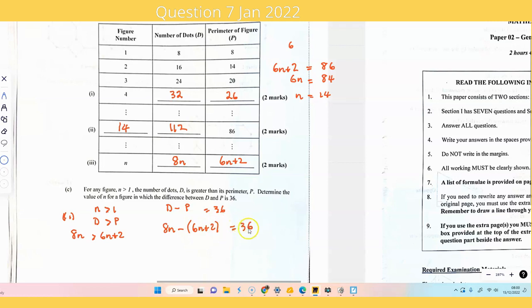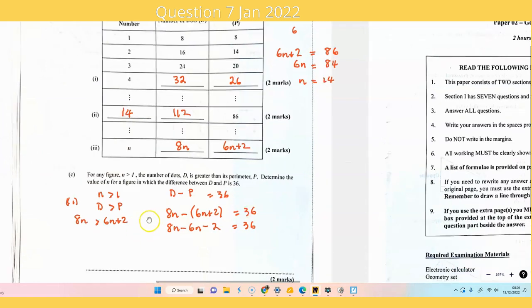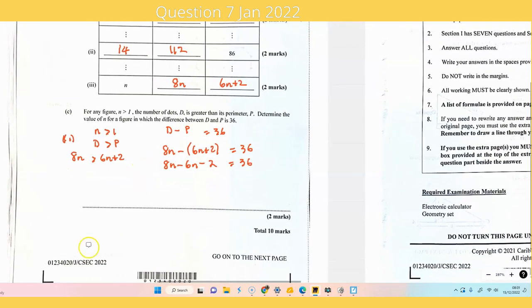So from this we can simplify and solve for n. What we have there is 8n minus 6n. The minus here would change everything in the bracket, so that's going to be minus 2, and that must equal 36.